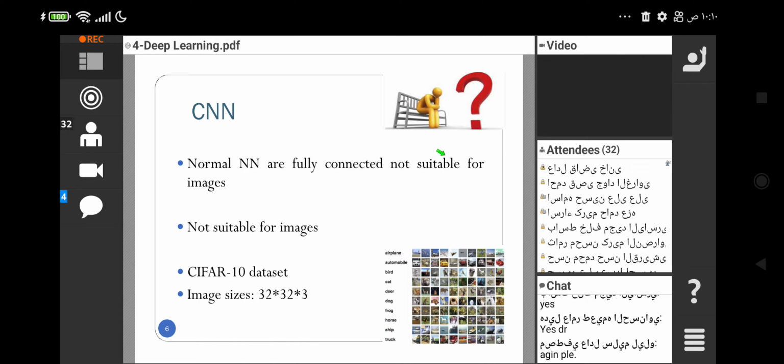In this data set CIFAR-10, we want to classify the images. We have 10 classes, airplane, automobile, bird, and these are the outputs. But the inputs are the pixels.